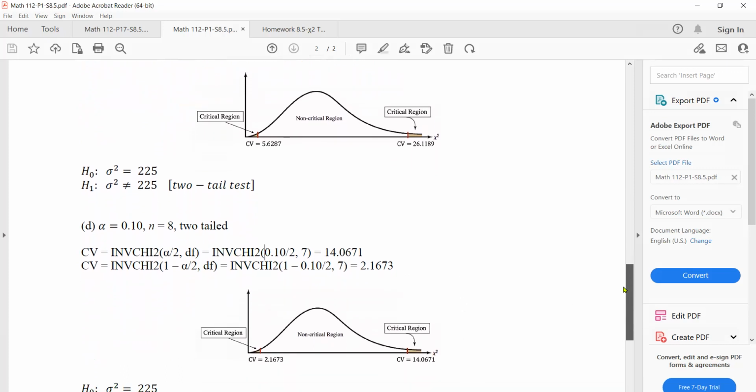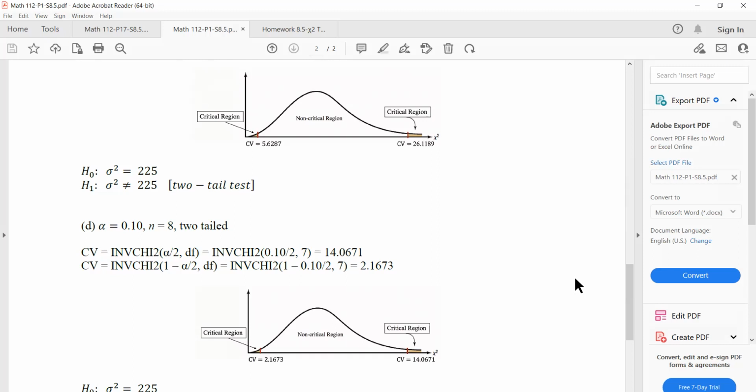I'm going to leave this on the screen for those of you who are following along and learning to do this. This is part of the skill of doing hypothesis testing. She just isolated it so you could practice with the calculator, because this tends to be something that people get wrong and they don't know why.